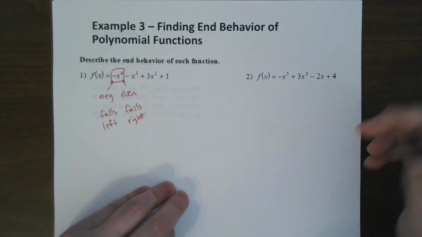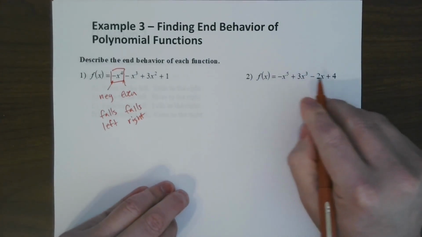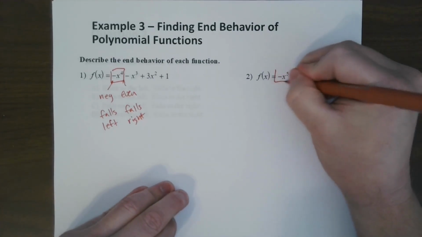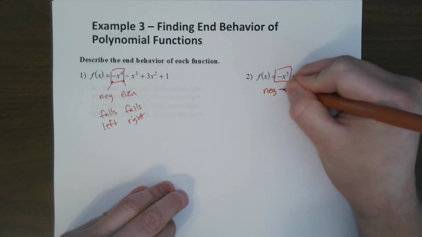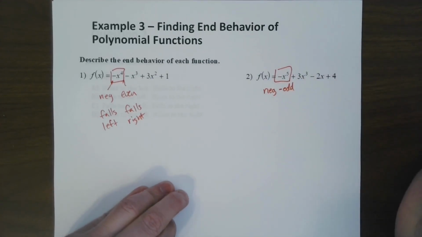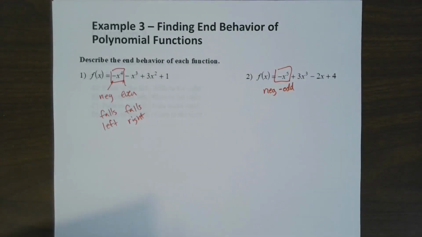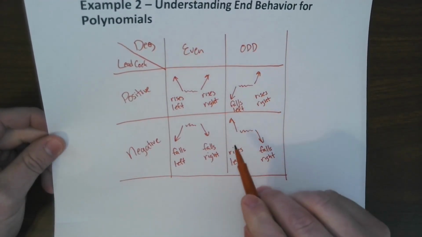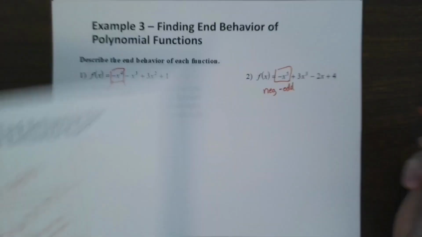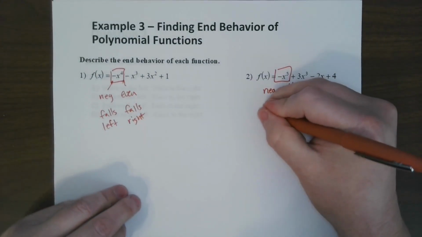So same thing with this one. We look at the first term, make sure it's in standard form, which it is. Focus here. This one is negative and odd. So since it's negative and odd, we look to our chart. So negative odd would be rises left, falls right. And that's what we write.